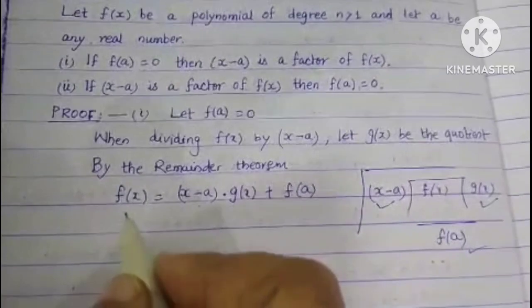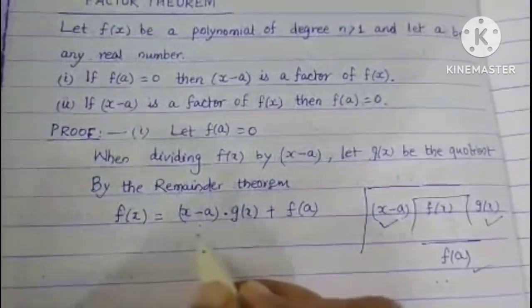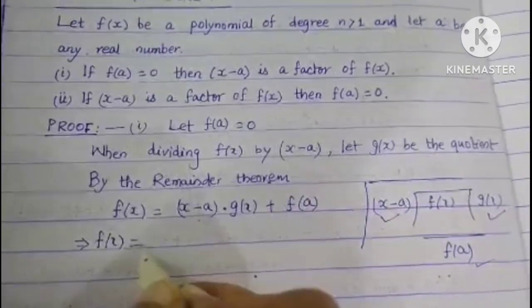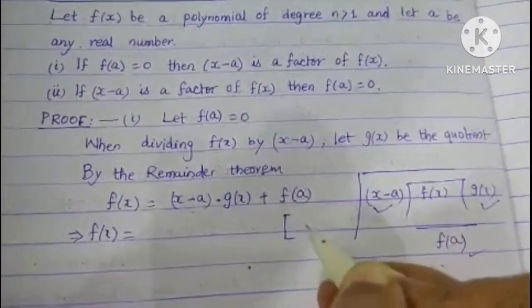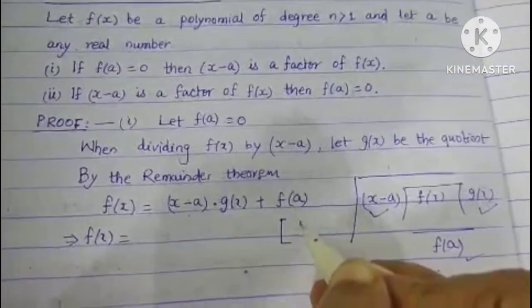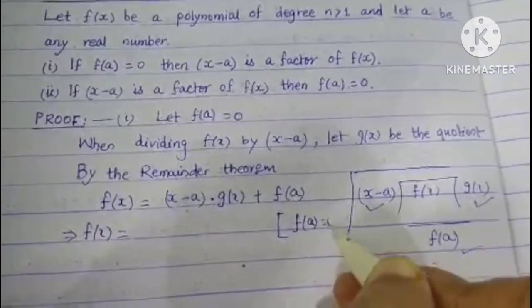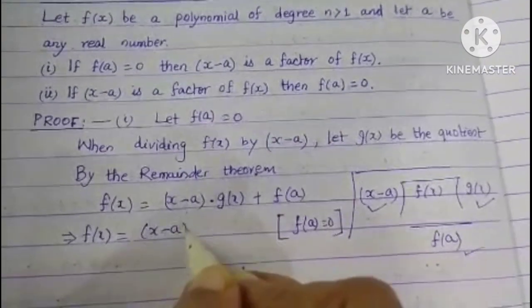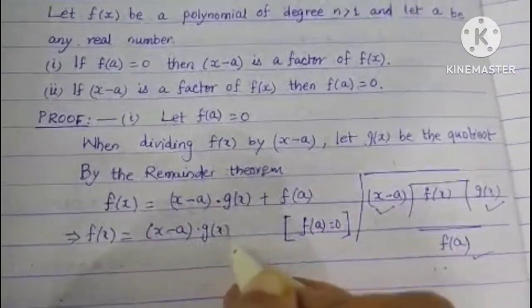Now, when we take f(a) equal to 0, then f(x) will be equal to (x minus a) into g(x). Simple.